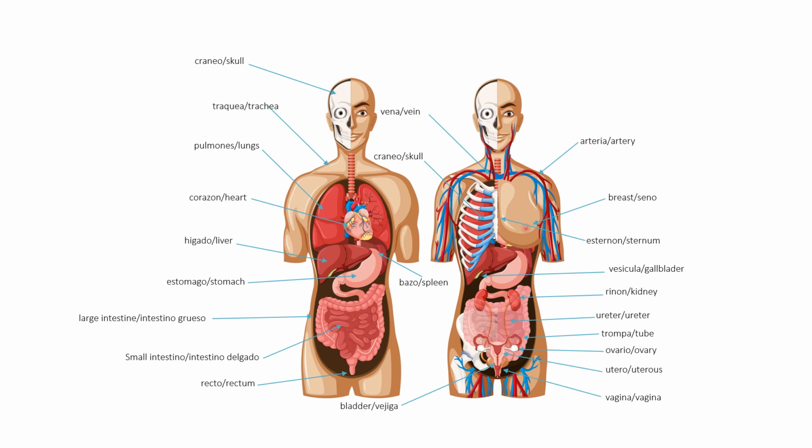Cráneo, tráquea, pulmones, corazón, hígado, estómago, intestino grueso, intestino delgado, recto, vejiga, vagina, útero, ovarios, trompa, uréter, riñón, vesícula, esternón, seno, arteria, vena, vaso.